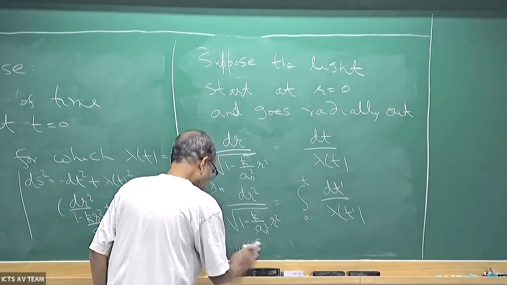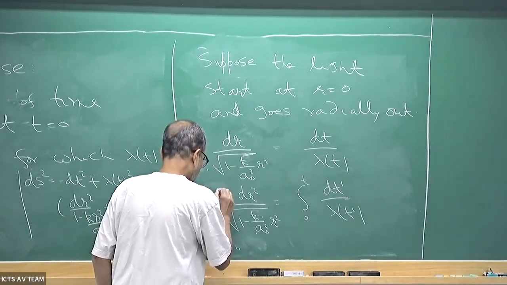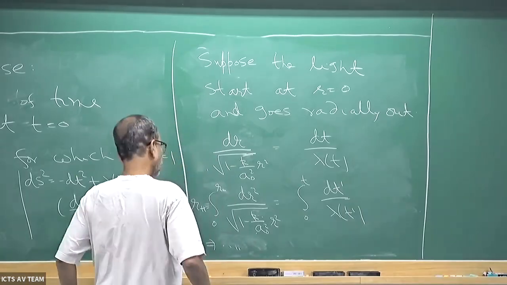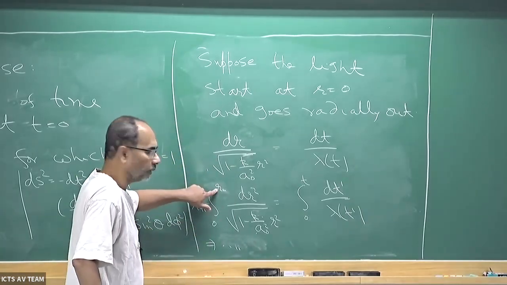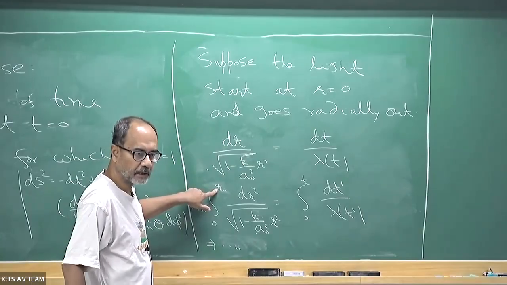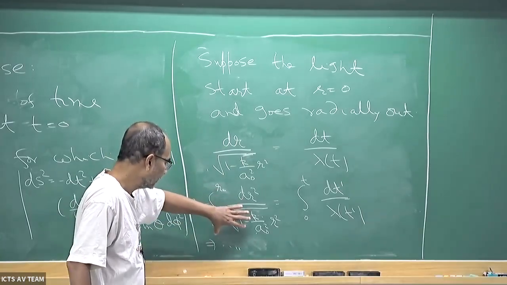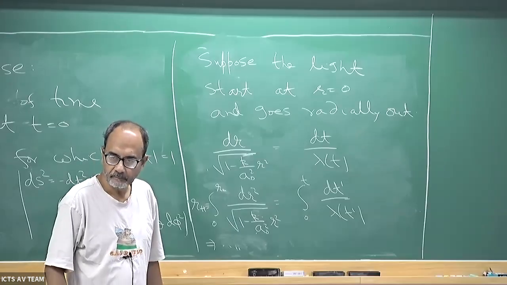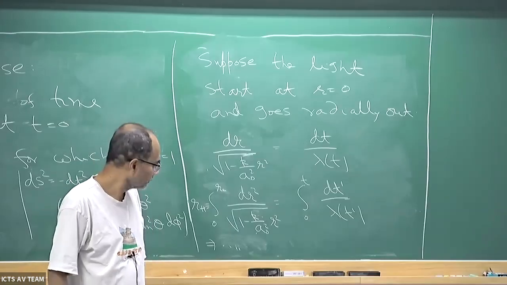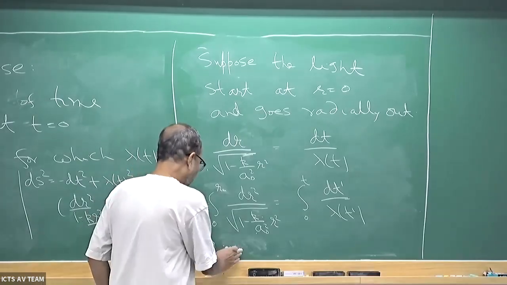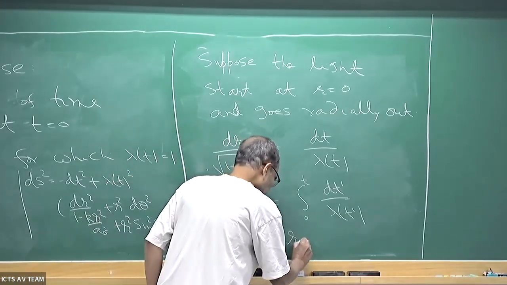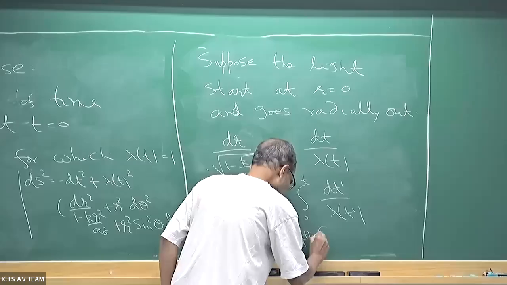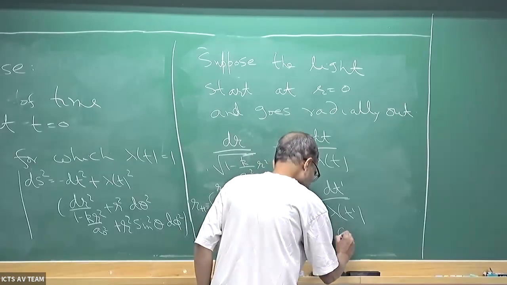Or let me call this R naught, right? This is the distance. This is my definition of RH. Let's imagine that it goes from 0 to some R naught. We don't know what R naught is, but this quantity is the distance around the spatial slice. So this is the formula for RH at t.